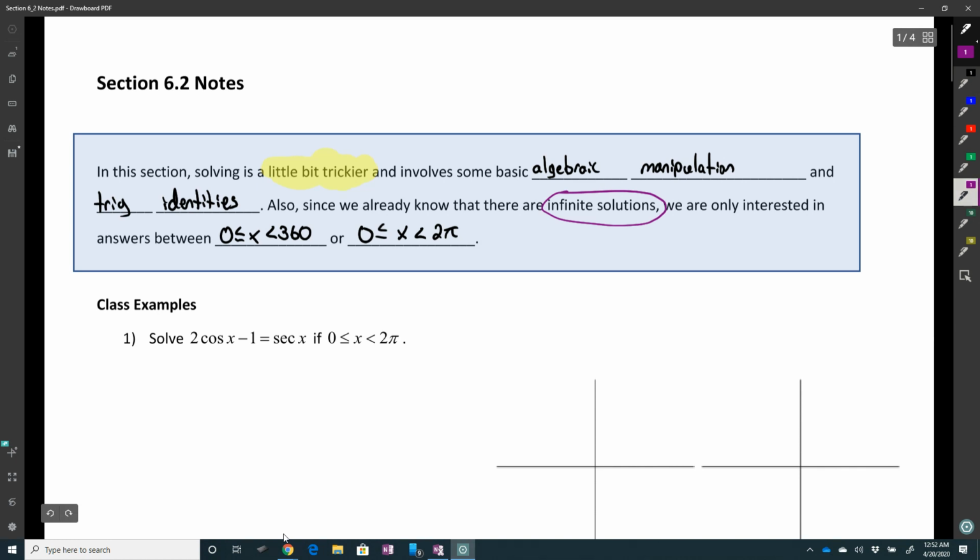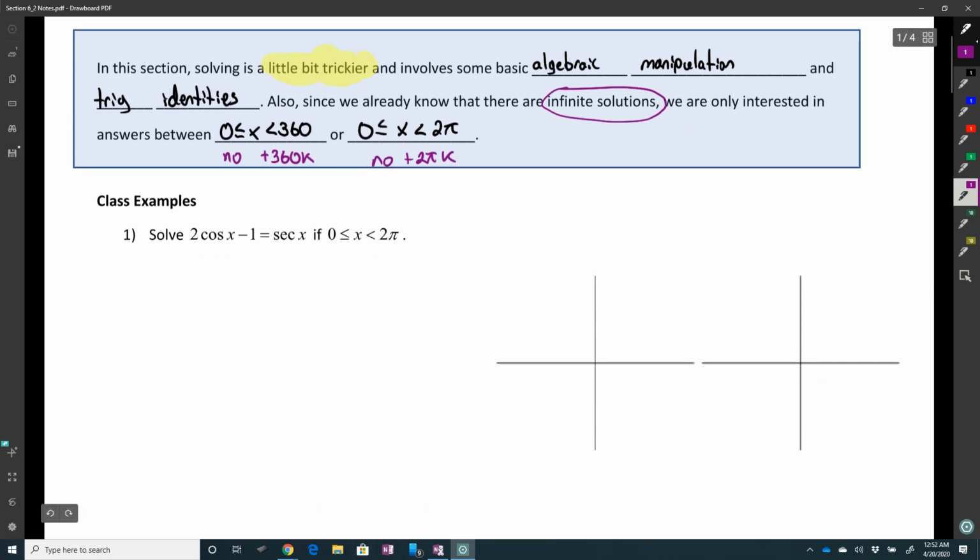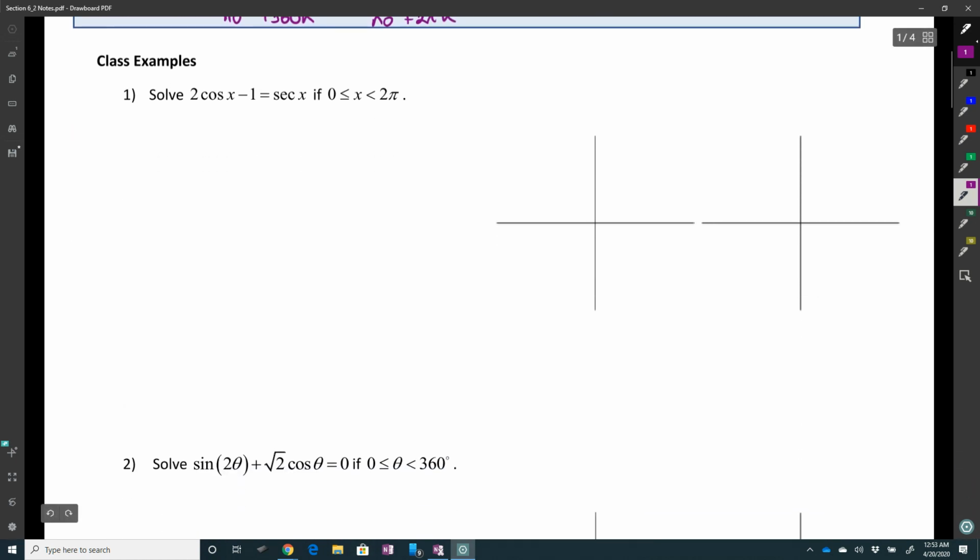There's no plus 360k, there's no plus 2 pi k, because we already know that. They don't want you to just, if you know what the answers are, add those to it and get all the answers. Anyway, let's do this first example.